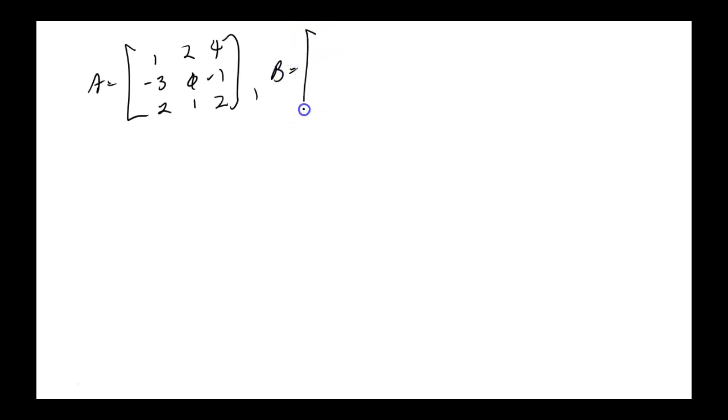And they're going to give us matrix A and B. Here's matrix A. 1, 2, 4. -3, 0, -1. 2, 1, 2. Matrix B. 2, 0, 0. 1, -4, 3. -1, 3, 2.